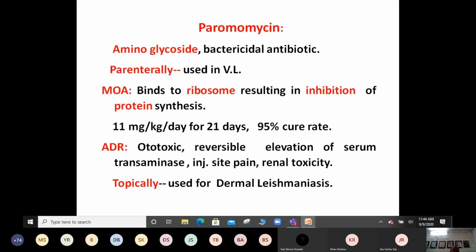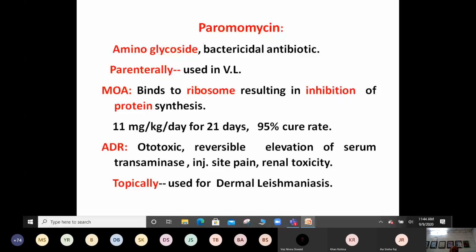Now, what is the mechanism of action? It is bactericidal; similarly, it is parasiticidal. It will bind to the ribosomes of the parasite, resulting in inhibition of protein synthesis. So the parasite will die.